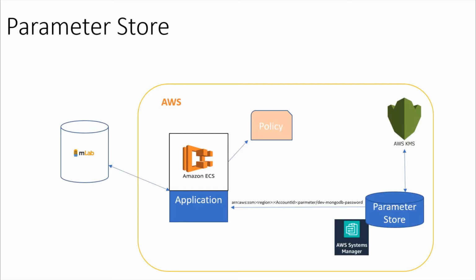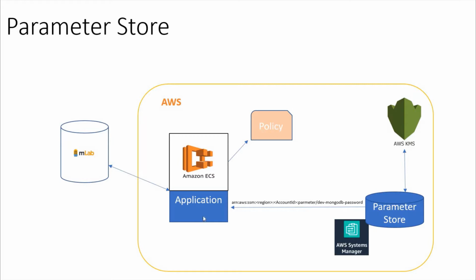I'm adding it to the ECS execution role, because I didn't create my own role, so I'm using the same one. Here, this placeholder will be replaced with the parameter which is stored in the Parameter Store, and it is encrypted in KMS. This Parameter Store is a sub-service of AWS Systems Manager.